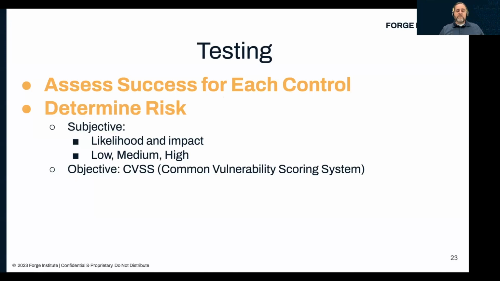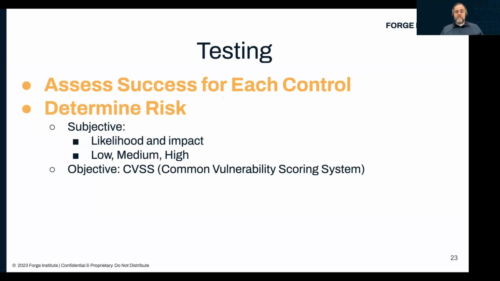If you need something that's more objective, you can use something like the Common Vulnerability Scoring System, which is a calculator that tells you what the vulnerability severity is, which we can somewhat associate with risk based on the vulnerability itself, the implementation within your organization, and the difficulty of compromising that within your organization. There's different portions of this, and there's online calculators for that.